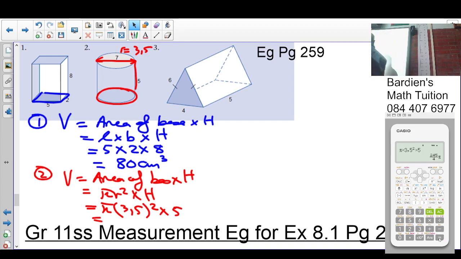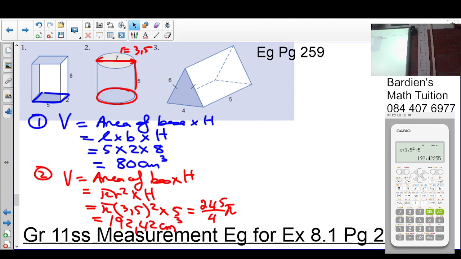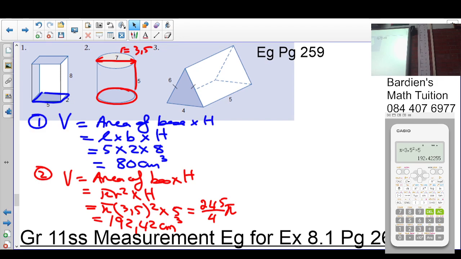That gives you 245 over 4 pi, which is equal, in its decimal equivalent, to 192.42 centimeters cubed. Do you understand? Any confusion there?